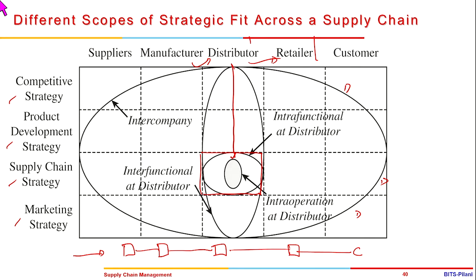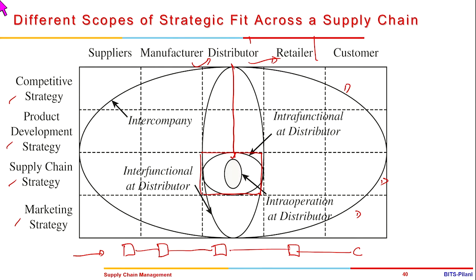So if the distributor has a large number of warehouses, it helps the retailer greatly because he can get the goods in a shorter period. But a large number of warehouses adds to the cost of the distributor.